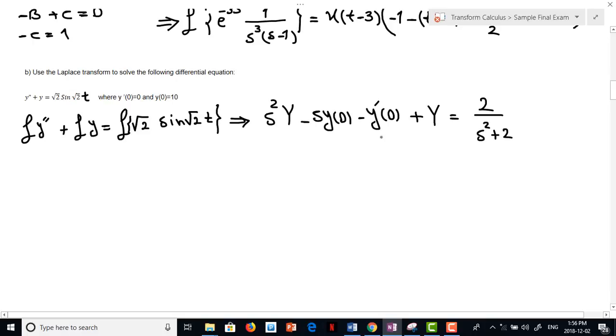So we have y prime at 0 is equal to 0, so this term is equal to 0, and y at 0 is equal to 10.